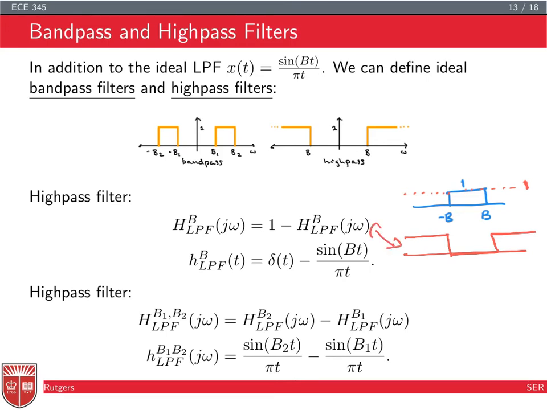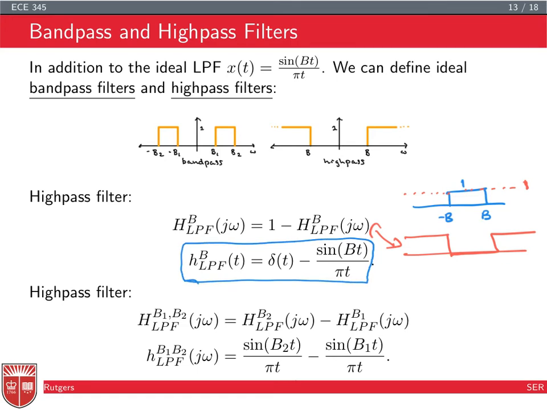This is why when I do the inverse CTFT of 1, it is delta t, and the inverse Fourier transform of the low pass filter is sine bt divided by pi t. So this is how you get what the impulse response of a high pass filter should look like.